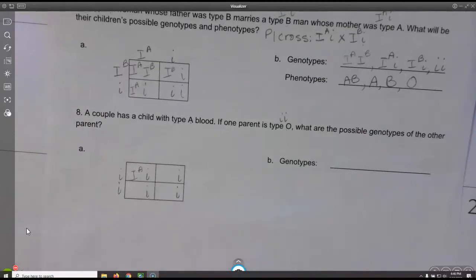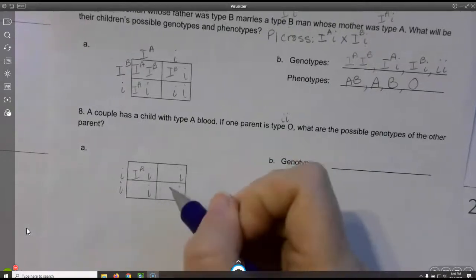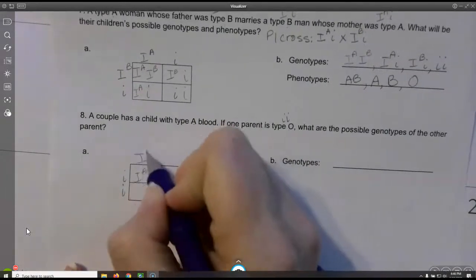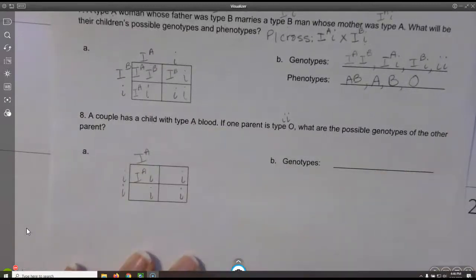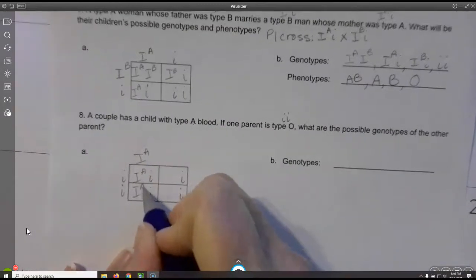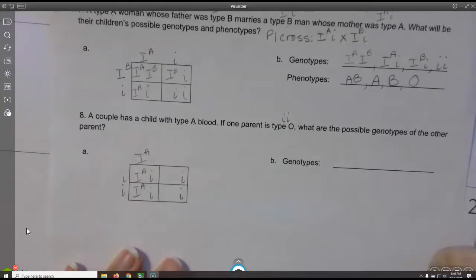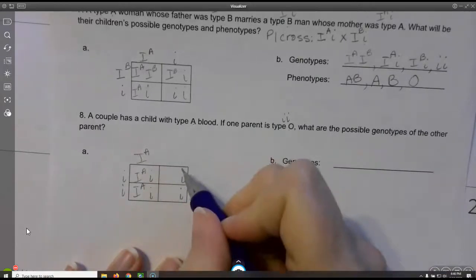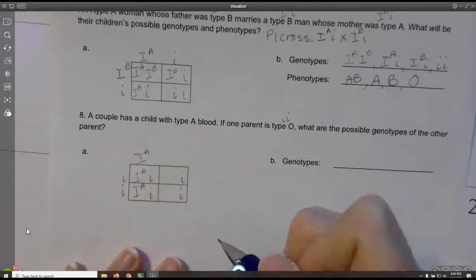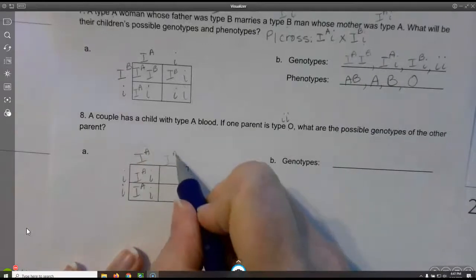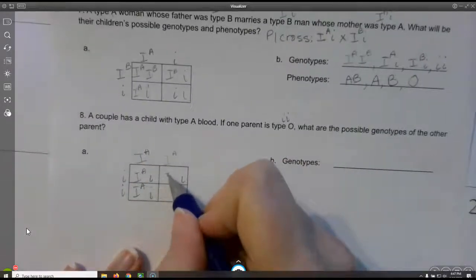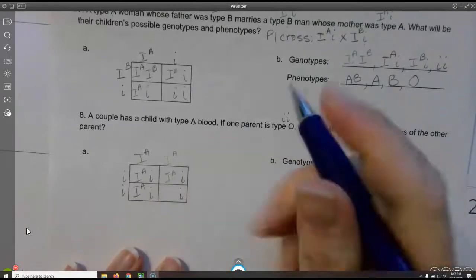But you only have to have 25% chance of it to happen. So these don't have to be the same. So we know we want to have at least one A, okay? Which means that parent 2 will have to be either homozygous for type A. If parent is homozygous, then this would also be IA, okay?